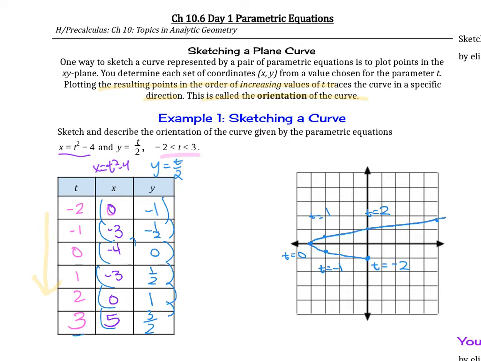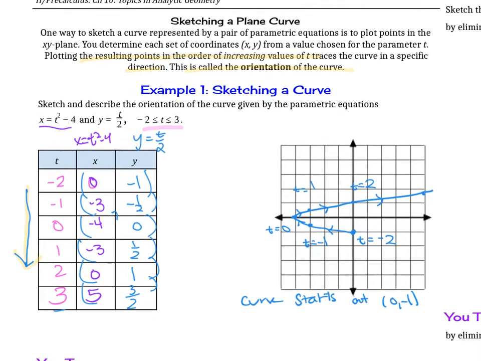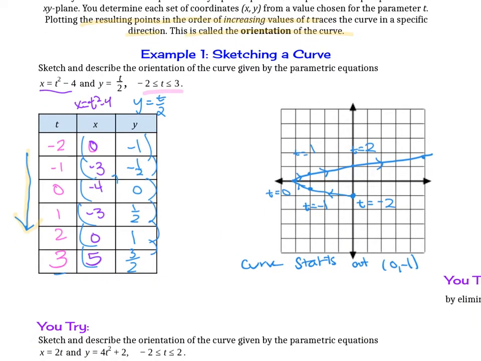So again, as time is increasing in this direction, it tells us what direction we are moving. We start here at t equals -2, so the curve starts at 0, -1, and we put the arrows to show the orientation of the curve, and then it ends at 5, 3/2.